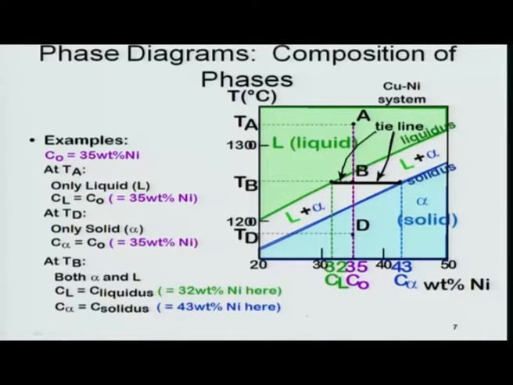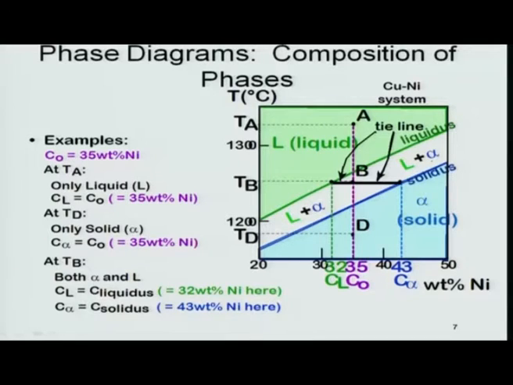So obviously, to know that, we should know how to apply the lever rule, and this again I have discussed in the last class. The lever rule is very simple. Suppose I have to calculate the amount of phases, liquid and alpha, in the two-phase field inside the separate region.